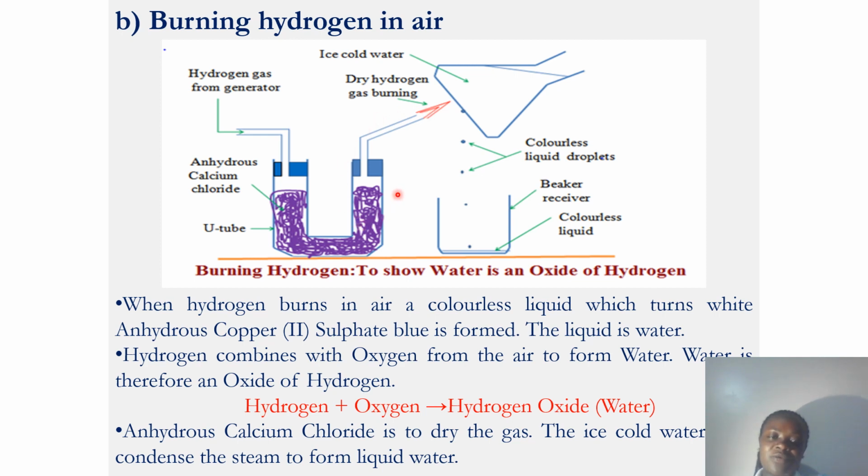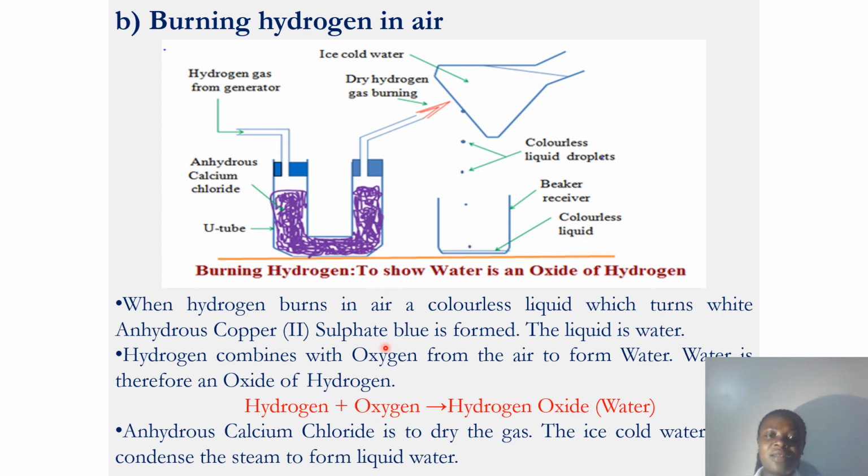After we pass it through anhydrous calcium chloride, we are going to ignite it here at the end of this delivery tube. So you can see that when it is ignited, then we have our ice cold water that is cooling whatever is being formed here. It is cooling the gas, it condenses the gas to form a colorless liquid that is collected in this beaker.